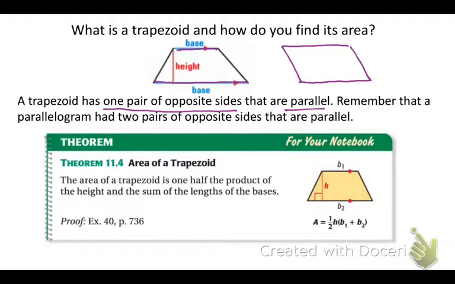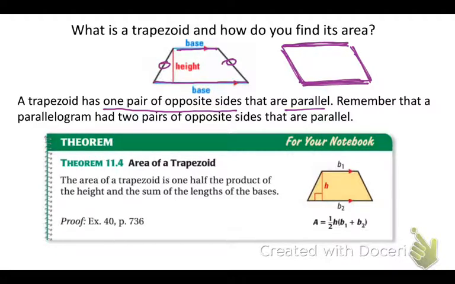So they're similar in that they have 2 lines that are parallel, but the rhombus has actually another set of lines that are parallel, but a trapezoid does not. These 2 lines are not parallel. So that's what makes a trapezoid.